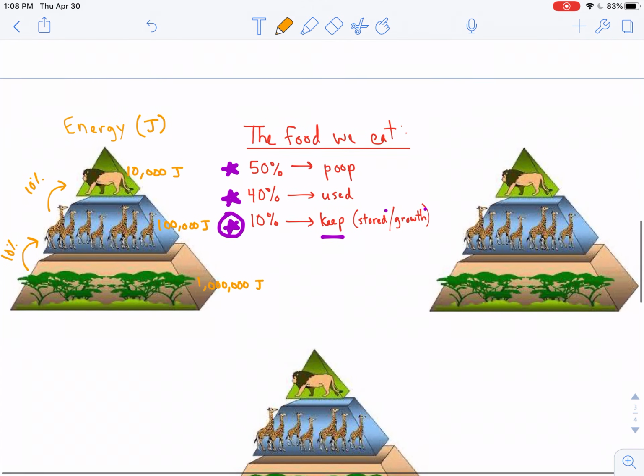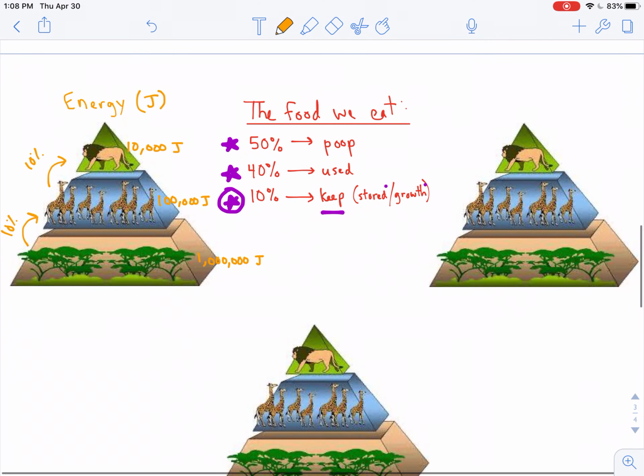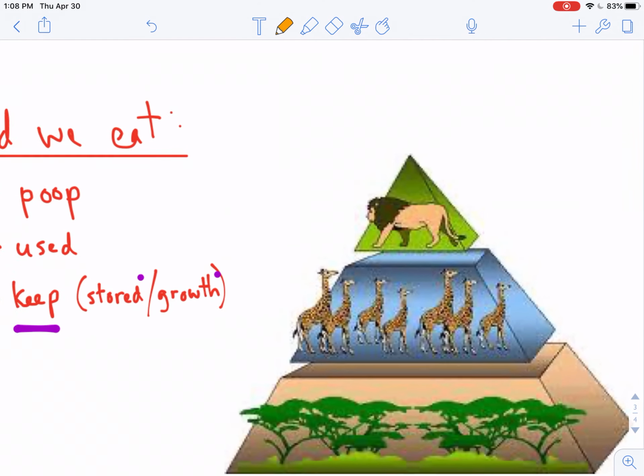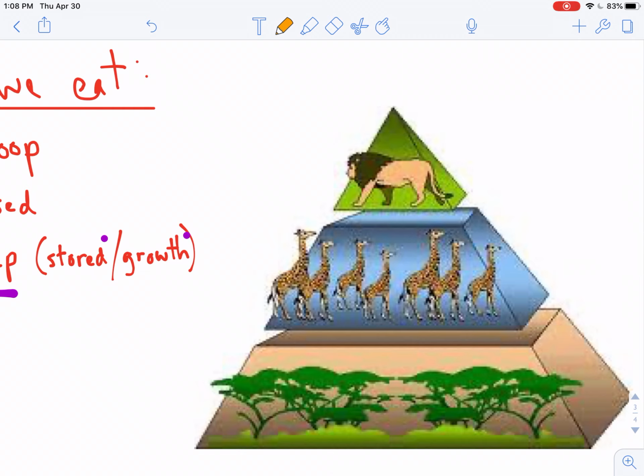Back down to our pyramids here. Because of our energy pyramid, we can now talk about a pyramid that shows us the number of organisms at each level. Let's say we go to an ecosystem and count the number of producers, and we find 5,000 plants. If we look in the same environment, how many giraffes would we find? Probably 10% of that.